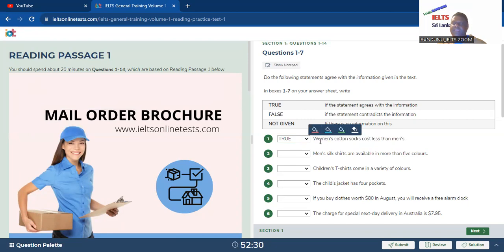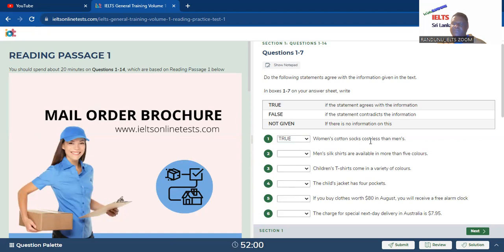Say, for example, here it says women's cotton socks cost less than men's. But if the passage says the price of men's socks is less and women's is more, it is contradicting, no?